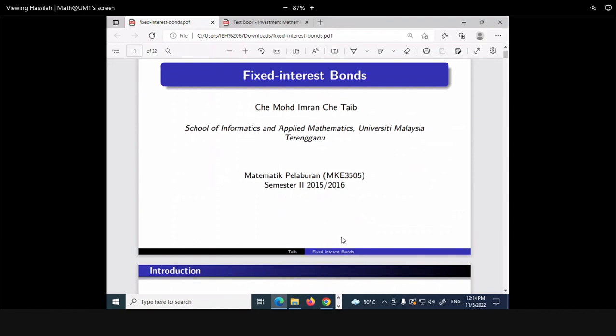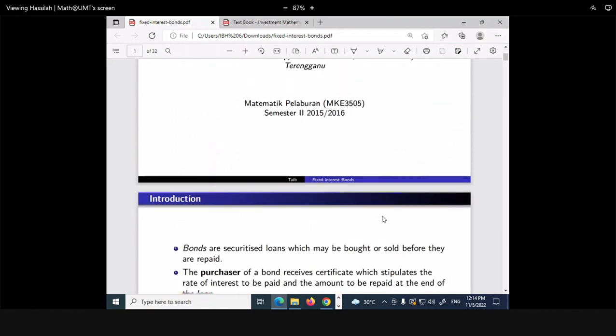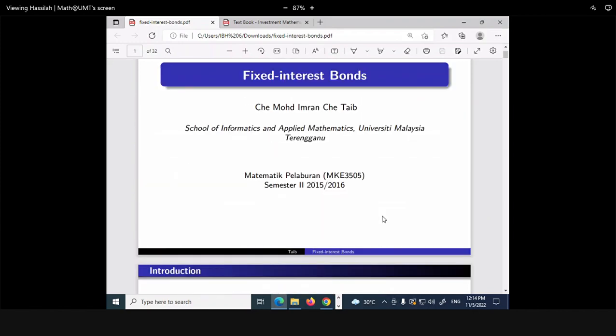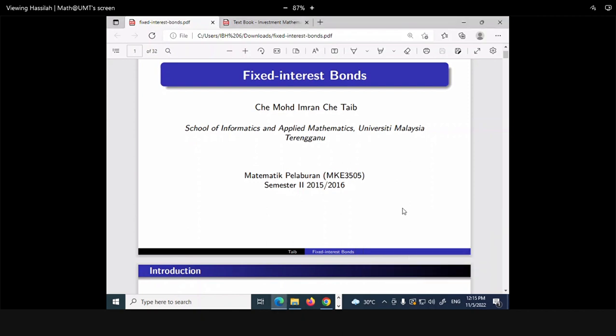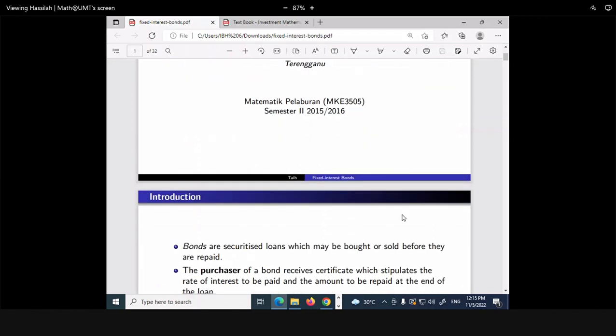Okay, you know bond. We have learned about bond. We are focusing on fixed interest bond, meaning that the bond gives you a fixed coupon. Interest in bond, we call it coupon. If you invest in bond, then you will get a fixed amount of coupon per period.